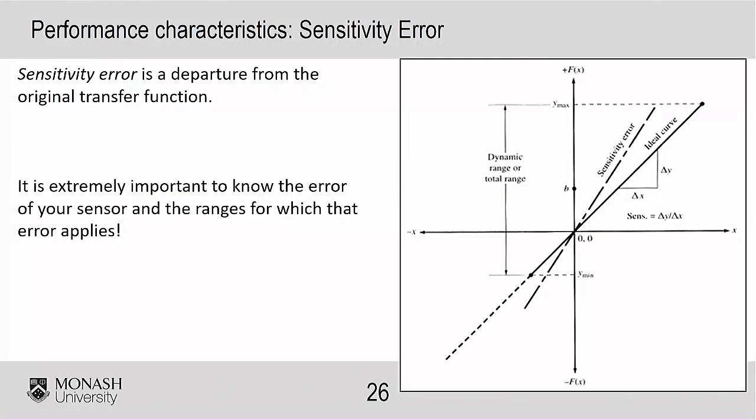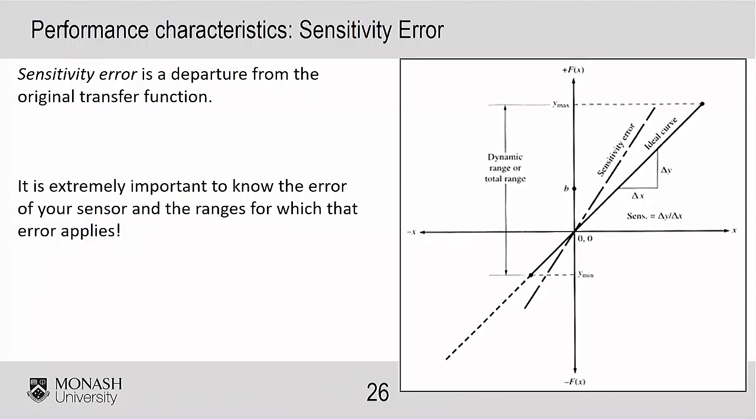Again, it is so important to know the error of your sensors, because a lot of people will draw conclusions based on what they've measured. Say they noticed a 2% or 3% increase in blood pressure with a particular medication. If your sensor's error is within 2 or 3% within that range, then you haven't actually noticed anything.